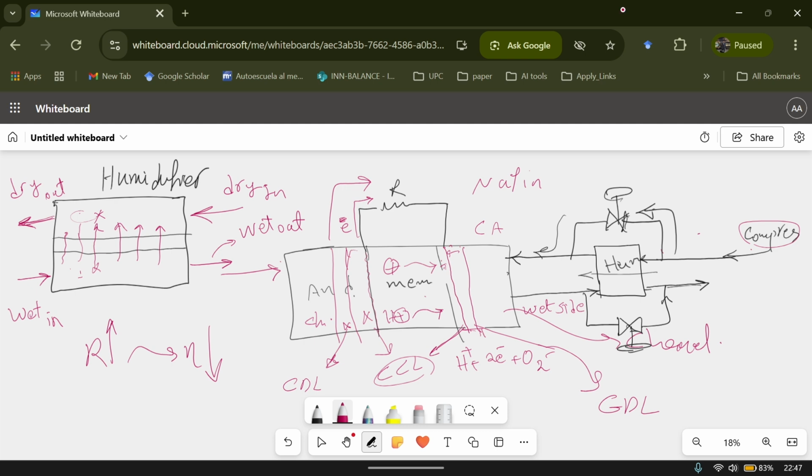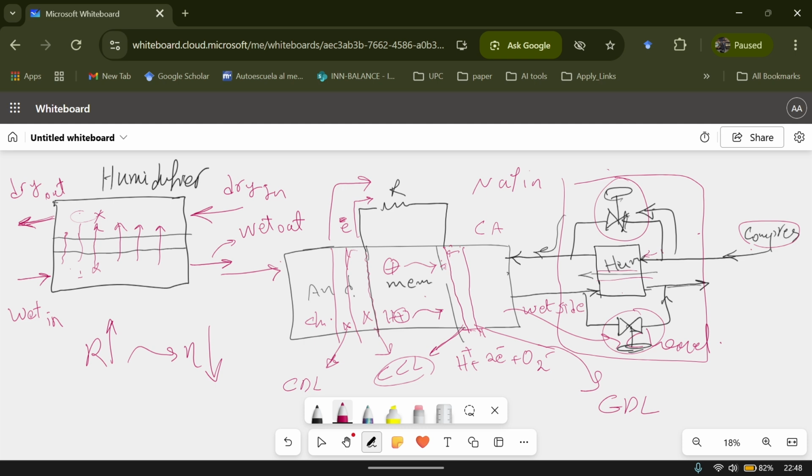So in this configuration we can control the amount of wet air that enters the humidifier by this control valve, or we can control the dry air through this control valve. In this way we can control the humidity inside the stack.